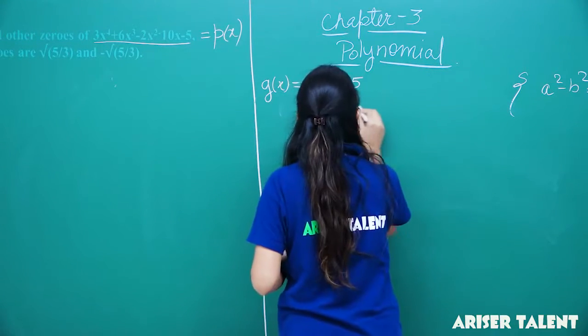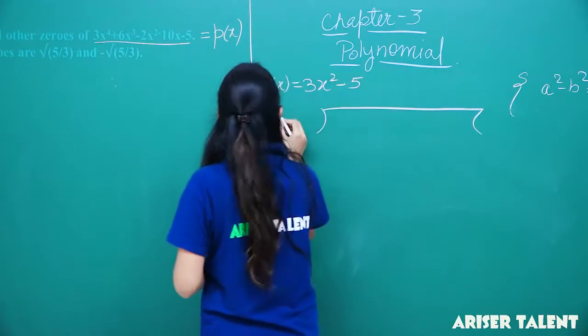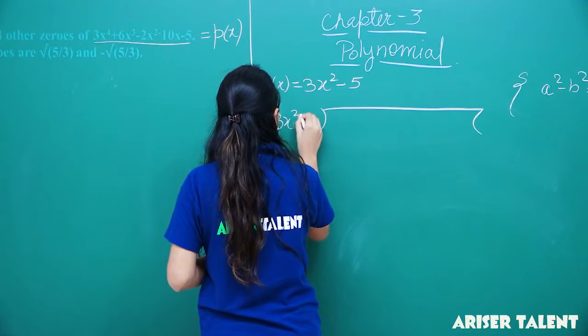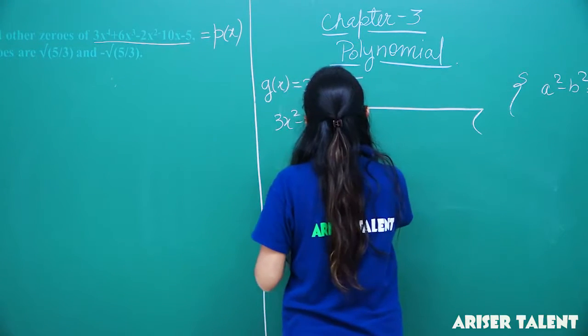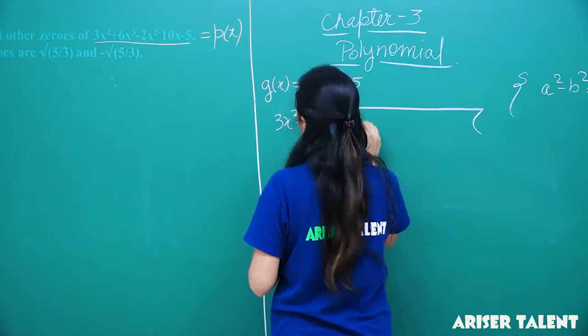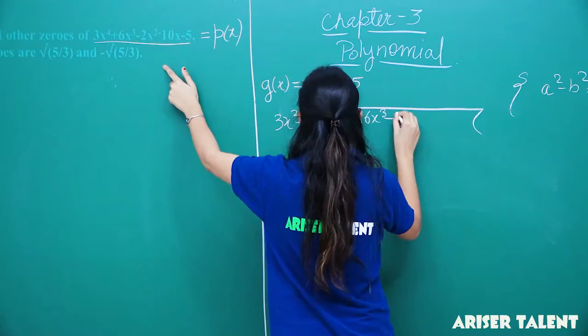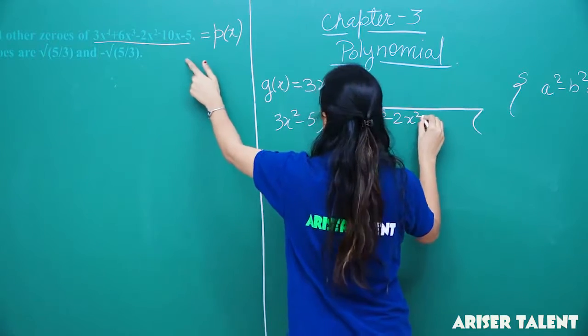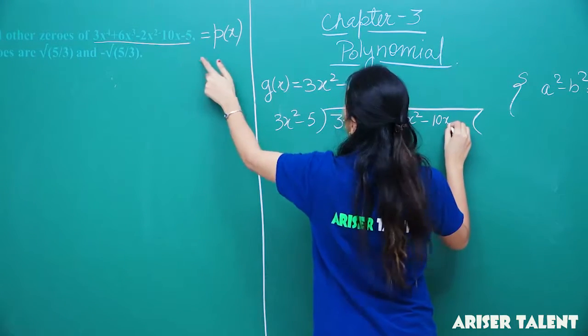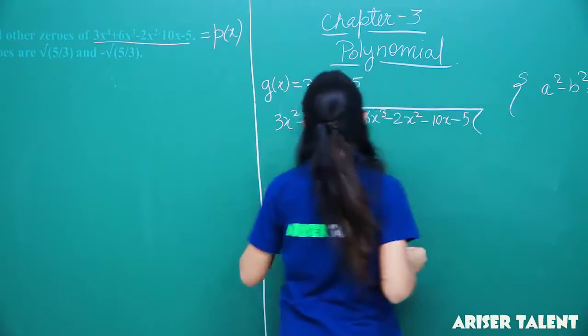So now we'll have g(x), 3x square minus 5, here and 3x to power 4 plus 6x cube minus 2x square minus 10x and minus 5.